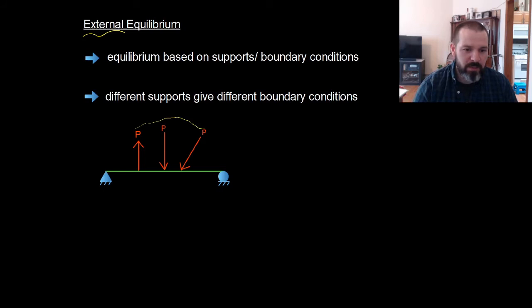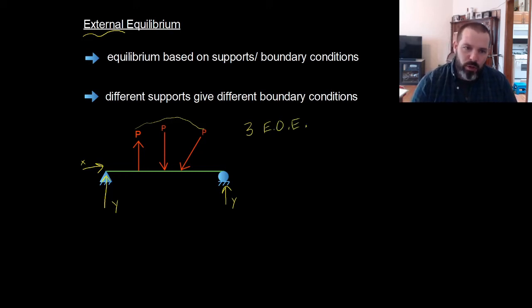We said pins give us forces in the X and the Y direction, and the roller gives us only a force in the Y direction. So here we have 3 forces which match up to our 3 equations of equilibrium.